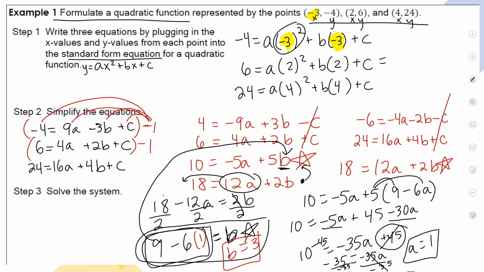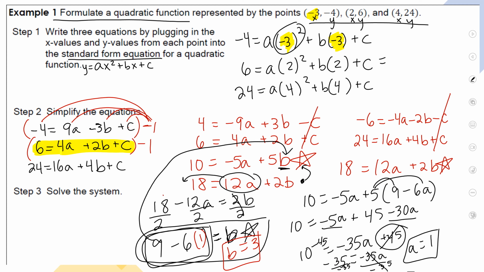Now we plug them both into which one? This one up here, the one in the front? Yeah, it doesn't matter. I'm going to use the middle one because this one looks easiest. There's no negatives. So I'm going to use this middle equation.